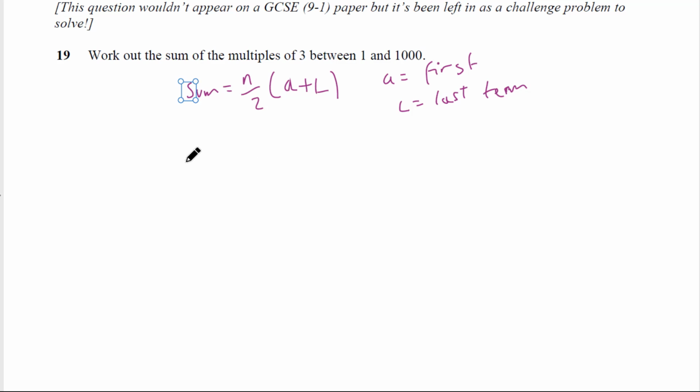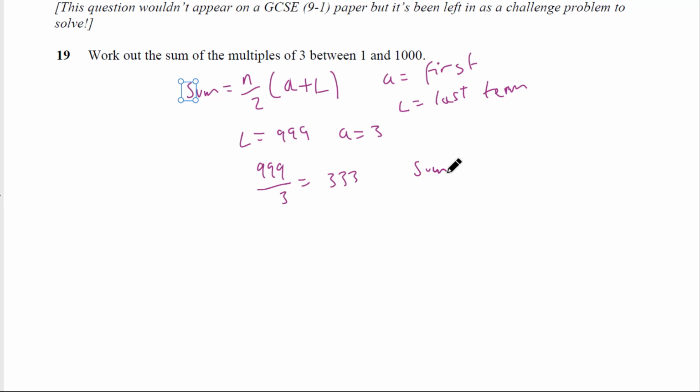So we know that the last term l is going to equal 999, and the first term is going to be 3, and when we're counting up in 3s, we're going to have 999 divided by 3, and that's going to give us 333 terms.